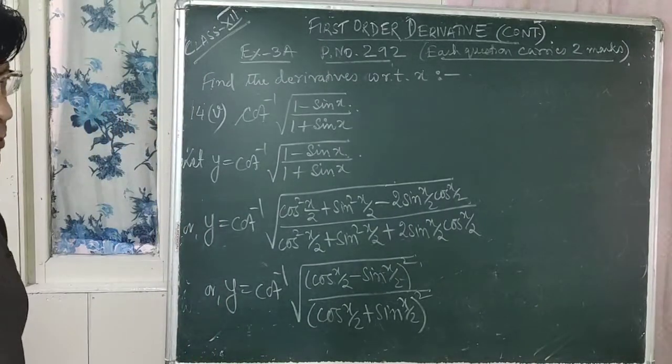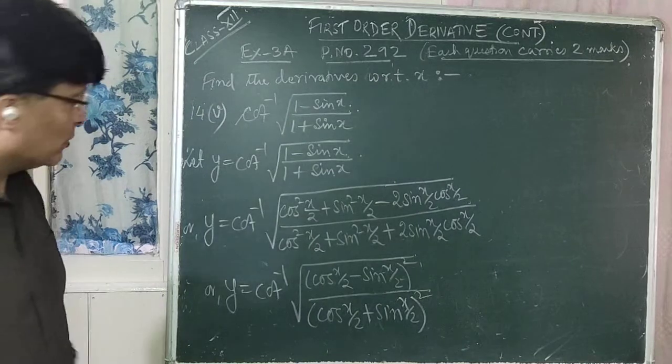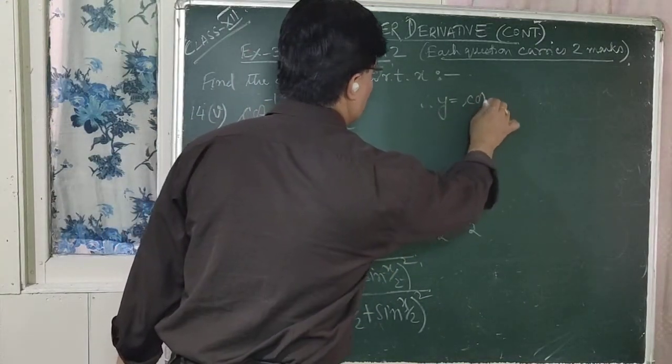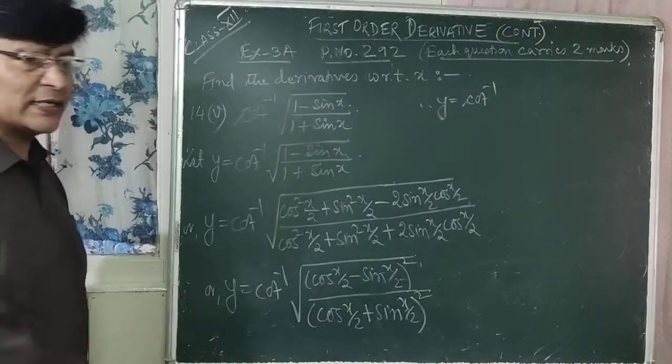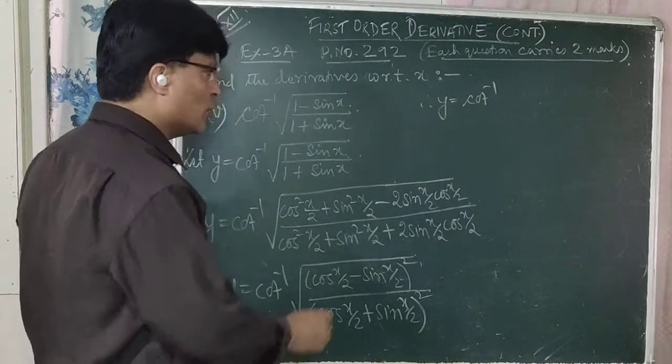So now you can remove square root and square from both numerator and denominator. So what do we write? Therefore y is equal to cot inverse. So what do we get now? You can remove square root and square from both numerator as well as denominator. So what do we get?